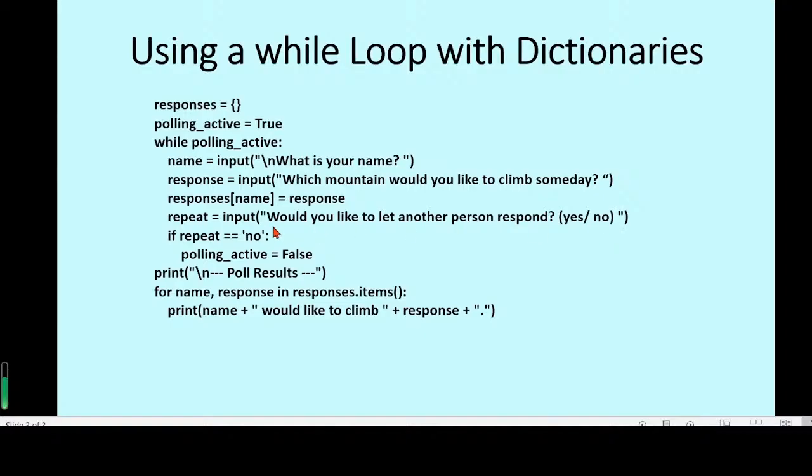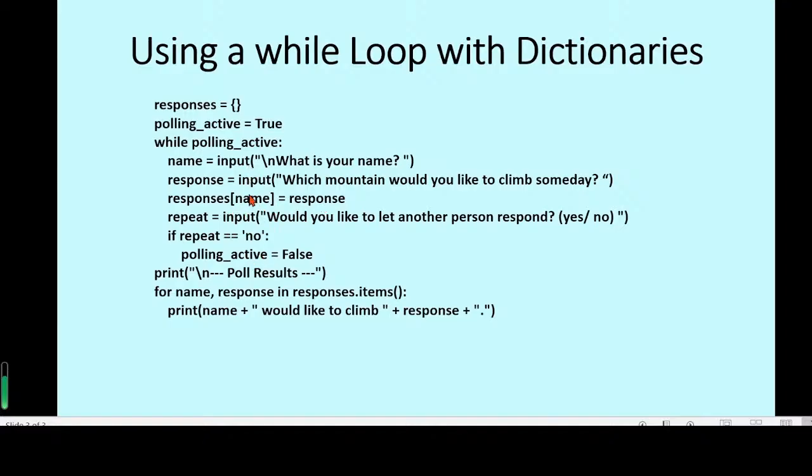So if the user does not enter no, then the process will continue and the user goes back to the while loop, and the user can input again the name and the information for the response with mountains, then add another key value pair in the dictionary.